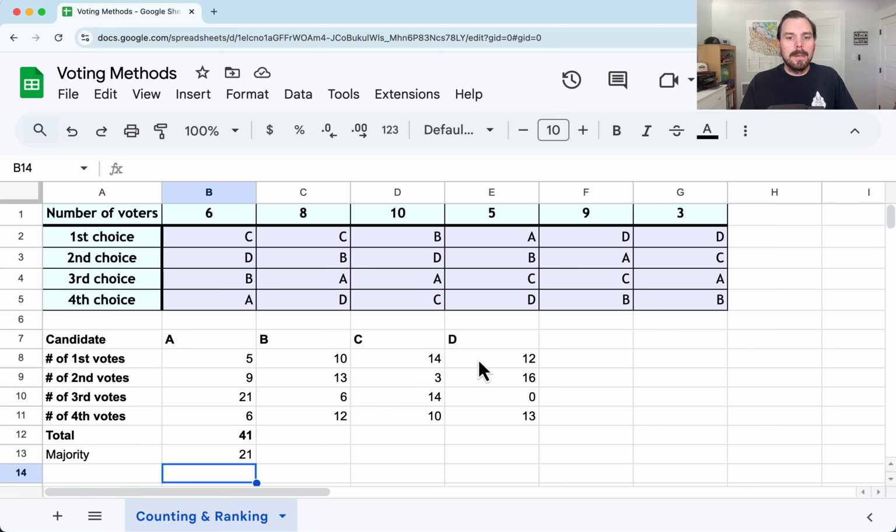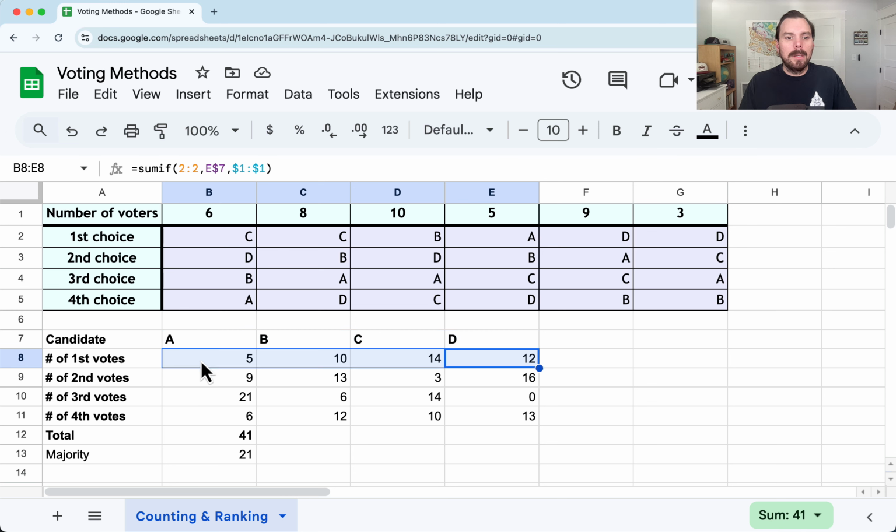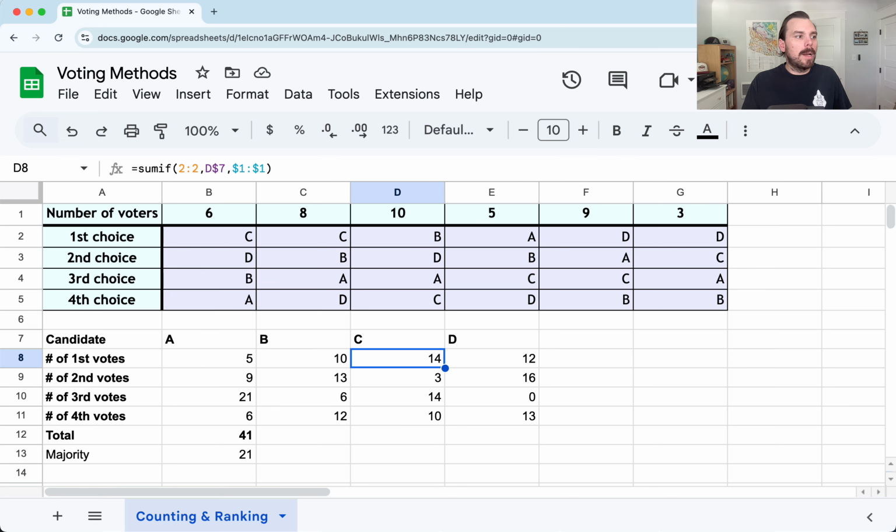And we see here, looking across the top, nobody has a majority of the first place votes. We could instead look at a plurality, which would be someone having just the most votes, and in that case we've got C winning by plurality.